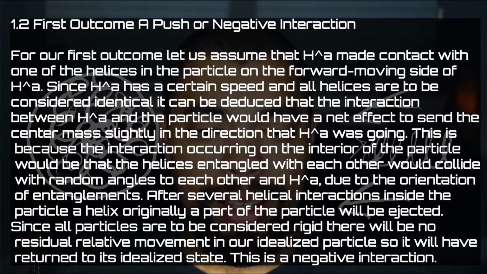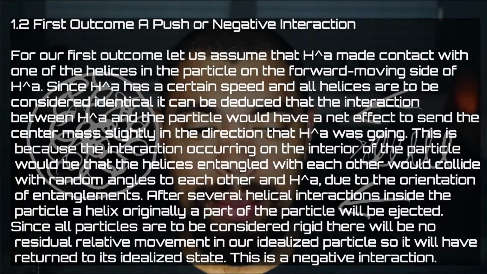After several helical interactions inside the particle, a helix originally a part of the particle would be ejected. Since all particles are to be considered rigid, there would be no residual relative movement in our idealized particle, so it would have returned to its idealized state. This is a negative interaction.